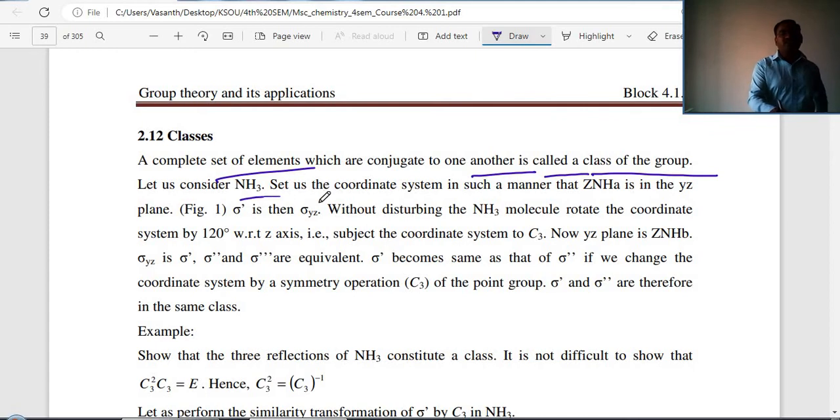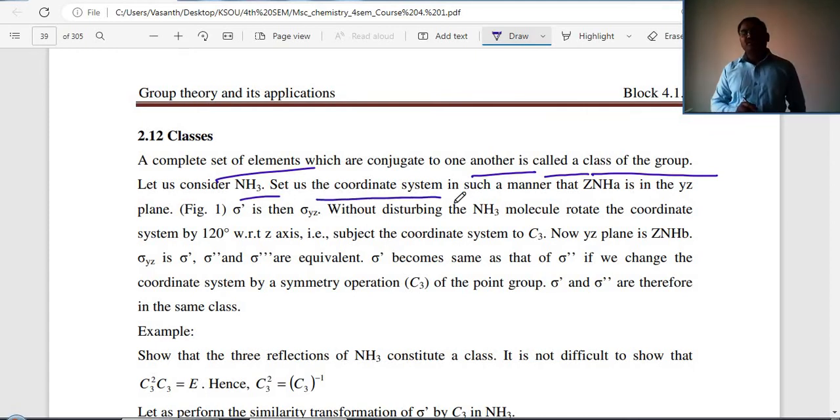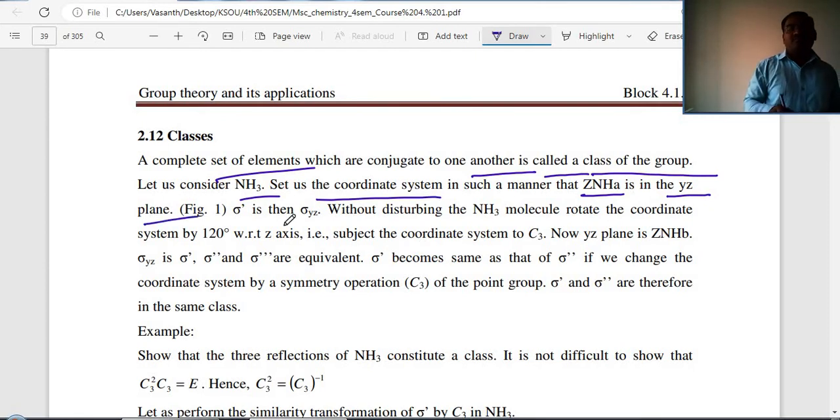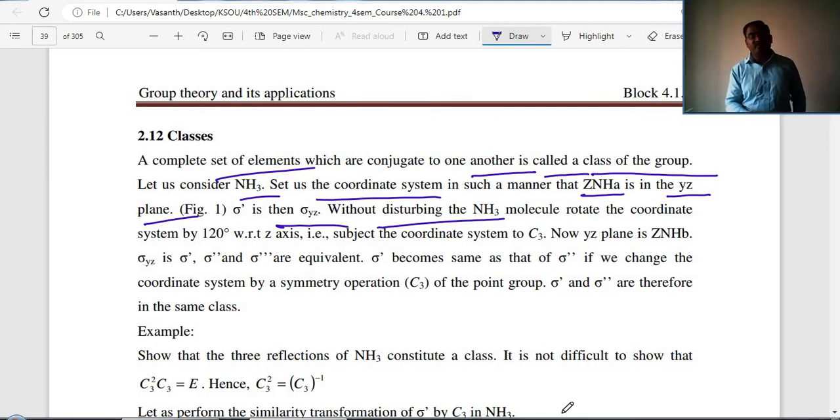Let us consider the ammonia molecule set in a coordinate system in such a manner that the z-axis lies along the NHA plane. Without disturbing the ammonia molecule, rotate the coordinate system by 120 degrees with respect to the axis. Subject the coordinate system to C3.